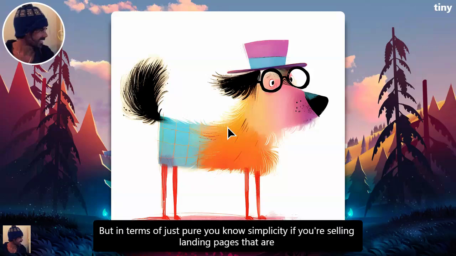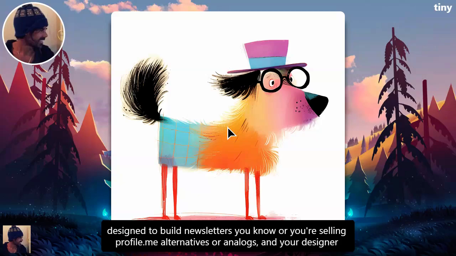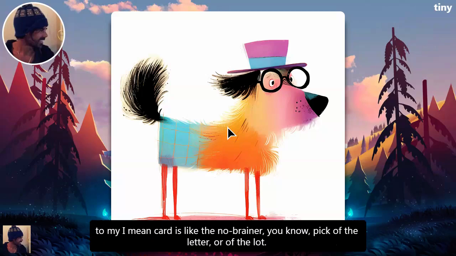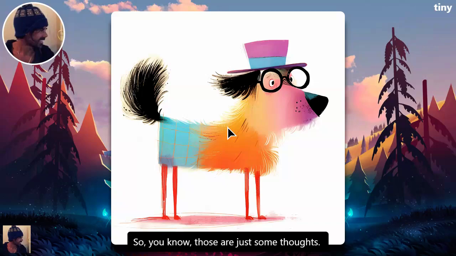But in terms of pure simplicity, if you're selling landing pages that are designed to build newsletters, or you're selling profile.me alternatives or analogs, and you're a designer, to my eye, Card is the no-brainer pick of the litter, or of the lot, right? So, those are just some thoughts.